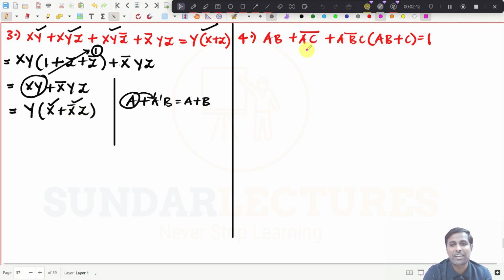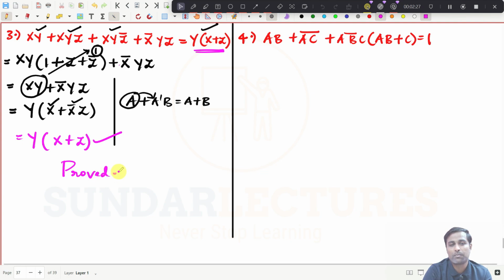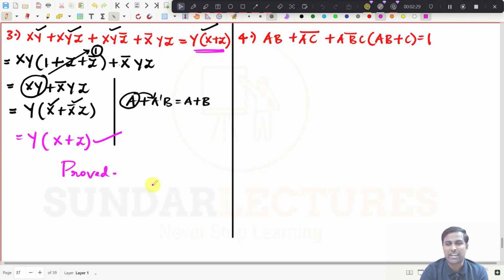So I can write here y into (x plus z), and that is this one. We have just directly proved it, that's all. You can also get it from here. You do so many problems straight away, and then you will get a good idea of how to simplify these Boolean expressions, and you can prove the left hand side and the right hand side, right?